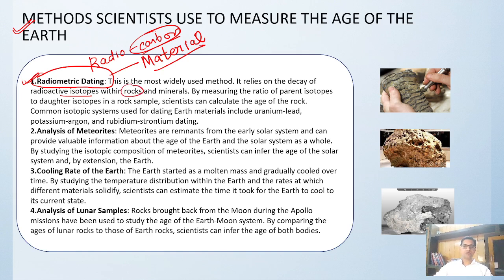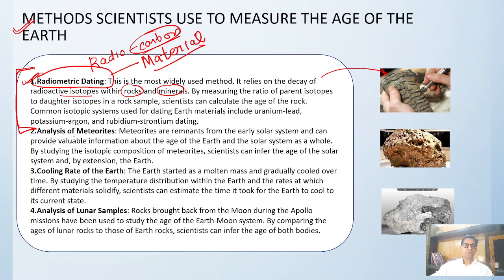We analyze the rocks and minerals, we take out rock samples, with the help of uranium, potassium-argon, rubidium-strontium, and carbon. We do the radiometric analysis to find out the age of a certain thing. You can see over here, they are taking that sample out from there.